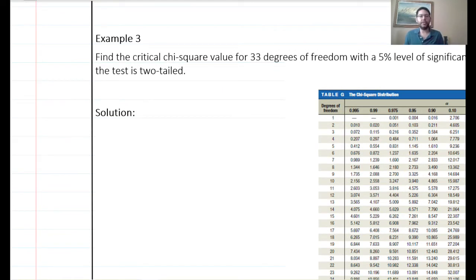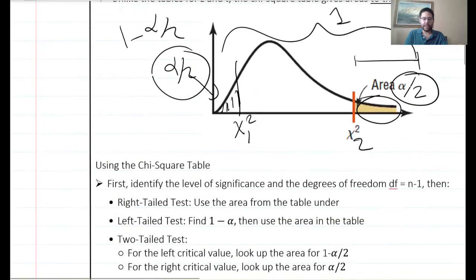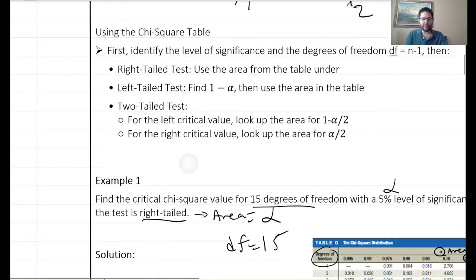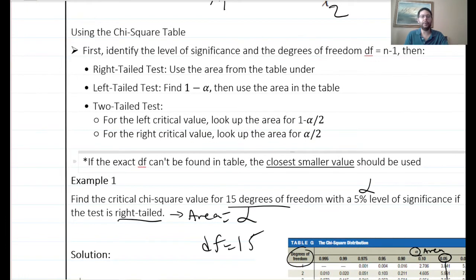Now, there's one thing I need you to keep in mind, and that is the last bullet point here, which is if the exact degrees of freedom cannot be found on the table, which will happen occasionally because the table only gives you a limited amount of values. But if the exact DF can't be found, then the closest smaller value should be used.